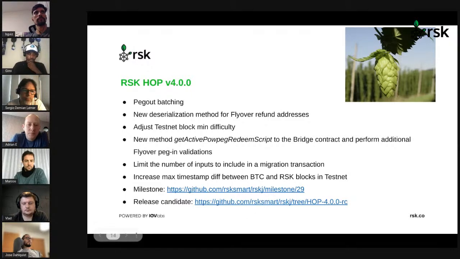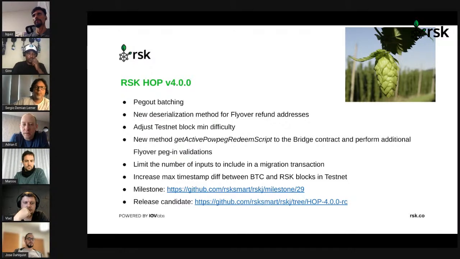Yeah. So one of the things I wanted to mention today in the call is related to one of the learning outcomes from the RSK Iris hard fork, which was the hard fork just before Hop.